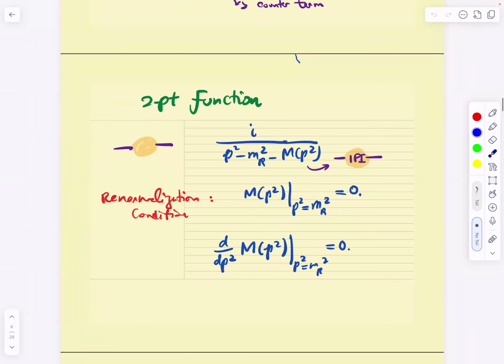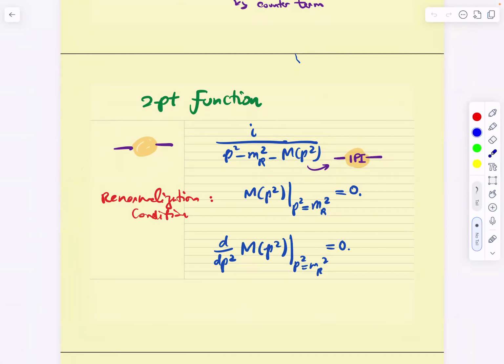So the 2-point function is going to be taking the following form: i over p squared minus m_r squared minus something to calculate, and that thing is going to be a 1PI diagram that we're going to explain.